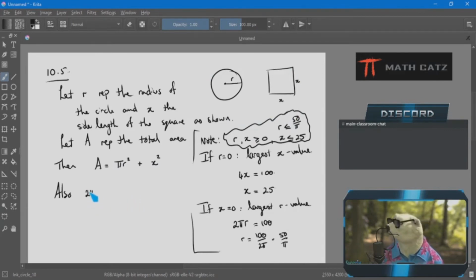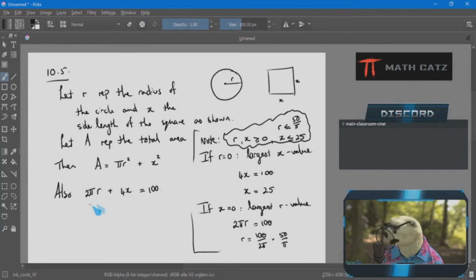So the circumference of the circle plus the perimeter for the square, that's going to have to be 100. I'm always assuming I'm using everything, because using less fencing will never give me the best area possible, the highest area possible. So I'm going to max that out.